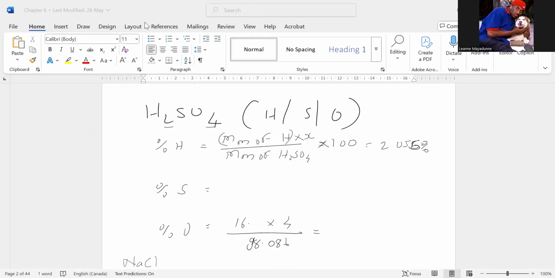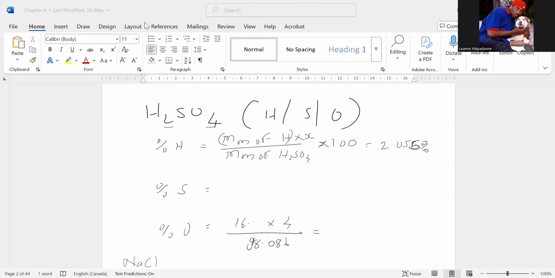Should I send you the image when I'm done? No, it's fine. Just tell me the numbers. Should I calculate the percentage for each item or just sulfur?